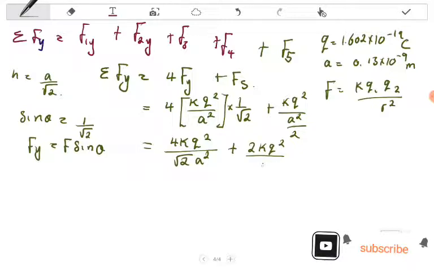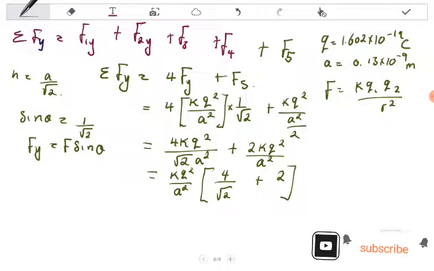So we can take out a common factor, which is kq squared over a squared. Inside, we're left with 4 divided by the square root of 2, plus 2.